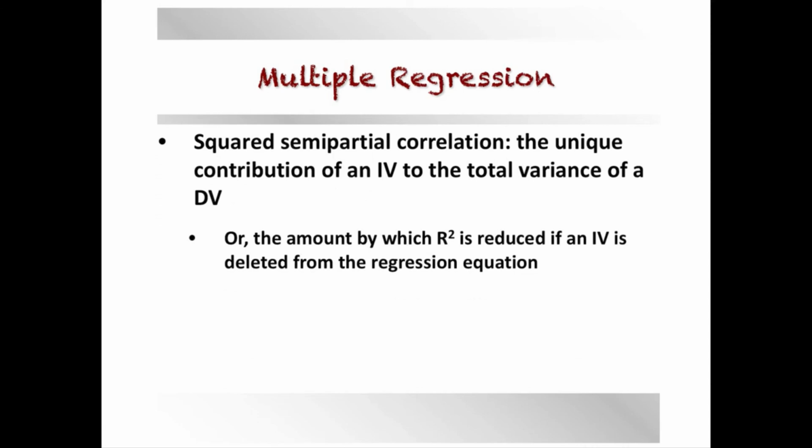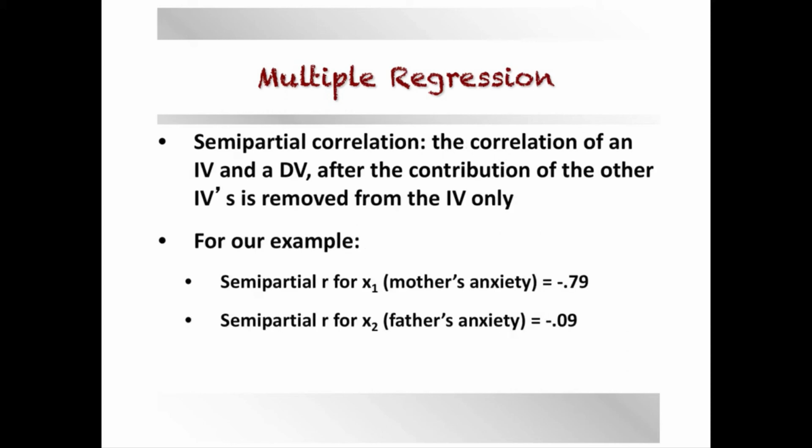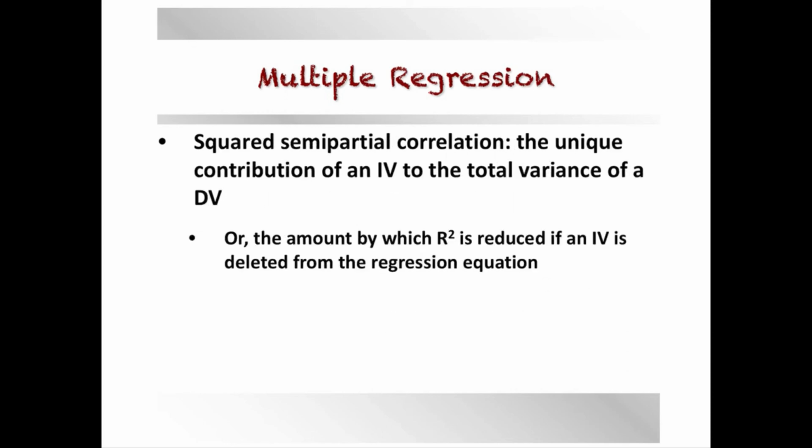The squared semi-partial correlation is the unique contribution of an IV to the total variance of a DV, and this occurs when you take your semi-partial correlation, which we just saw here, and you square it. The nice part of the interpretation for squared semi-partial correlation is that it maps onto R squared well. So this is the amount by which R squared, or the SMC, squared multiple correlation, is reduced if an IV is deleted.